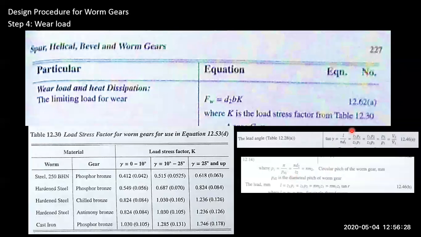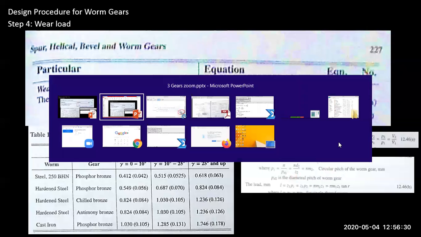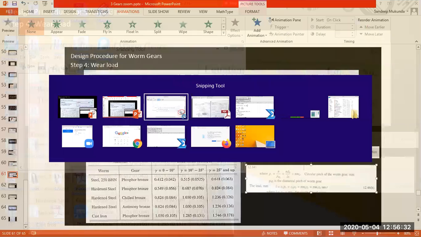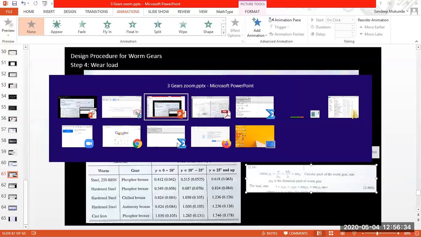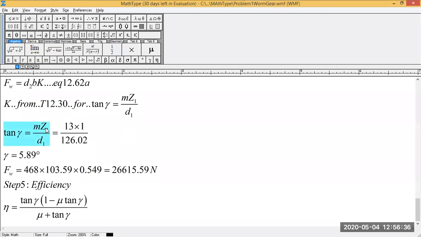That's how I've condensed this equation to get this one here. Hope you got it. Please let me know in the group chat if you have any doubt.